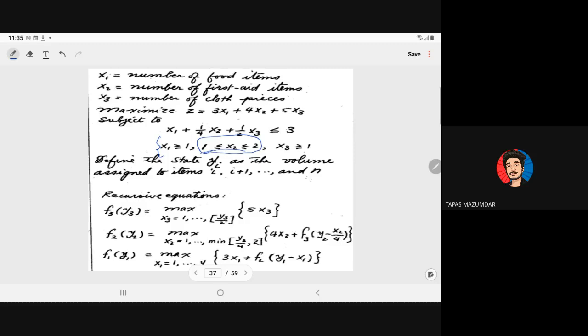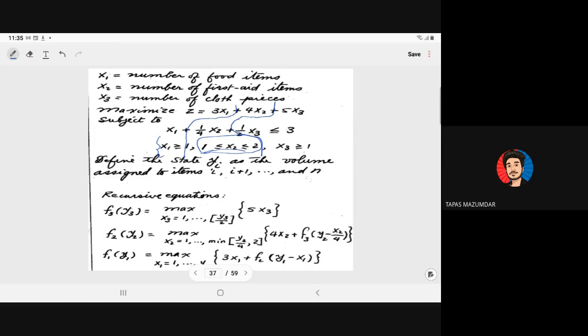So always, in dynamic programming, we decompose the problem into subproblems, and each subproblem is dedicated to an individual variable. For the first stage we have the x1 variable, for the second stage the x2 variable, for the third stage the x3 variable.